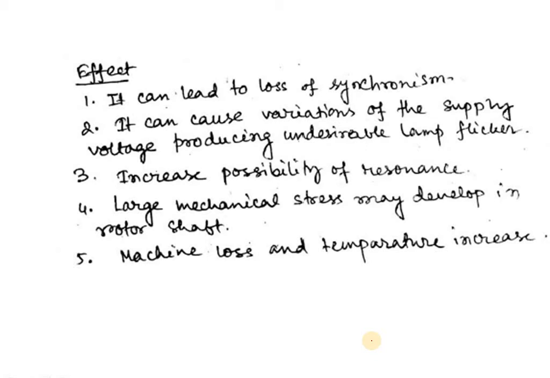So lamp flicker will occur, or the synchroscope will start oscillating, and it will show that the machine is not in synchronism. So if suddenly the machine loses its synchronism, we have to understand that hunting has occurred. Due to that, the machine lost its synchronism.